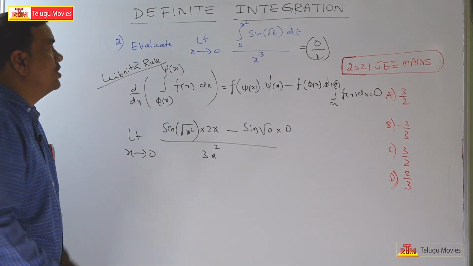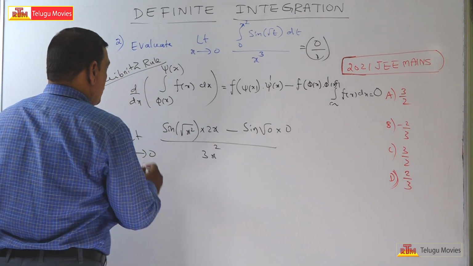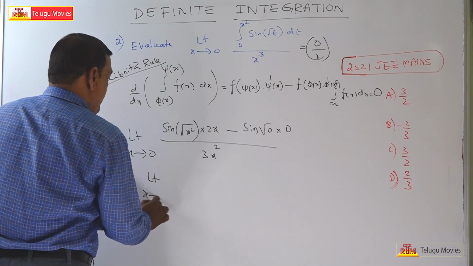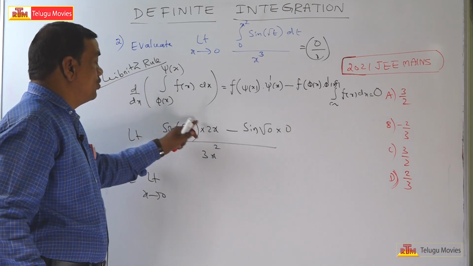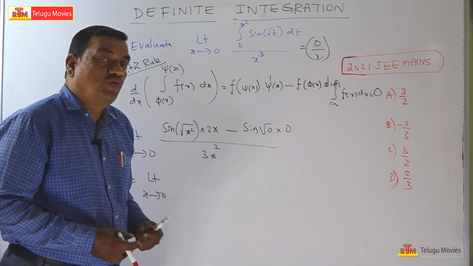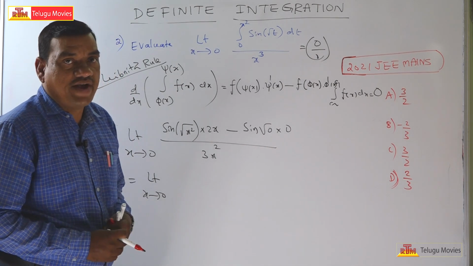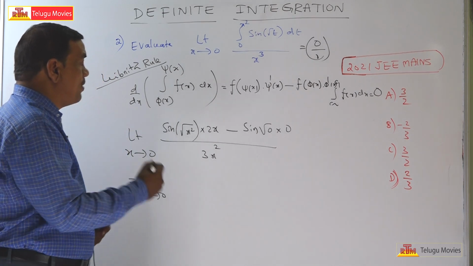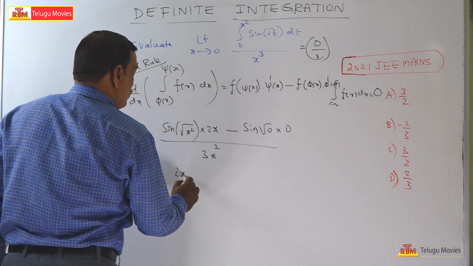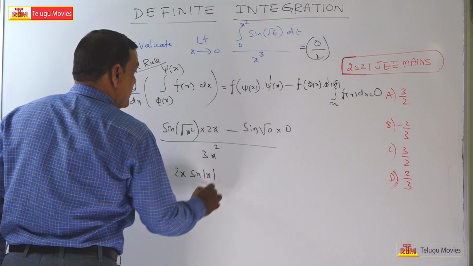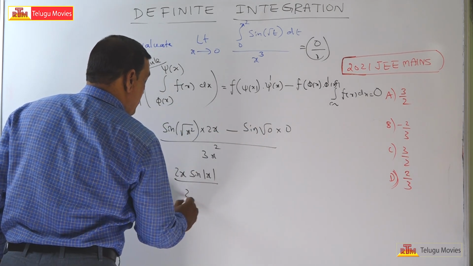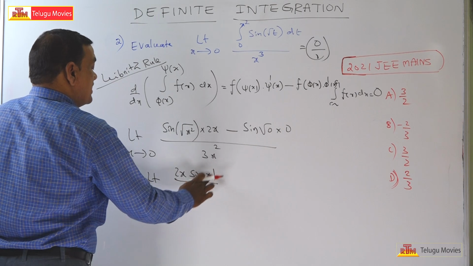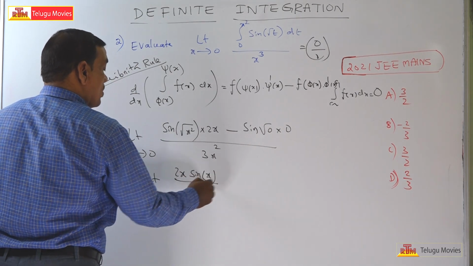Upon the x cube derivative, 3x square. Understand this? Right. So this is equal to the limit x tends to 0. Root of x square, actually speaking, is modulus of x, but we will take it as positive. So this is equal to 2x into sine of mod x, minus 0, by 3x square. We can write it as x, no problem.